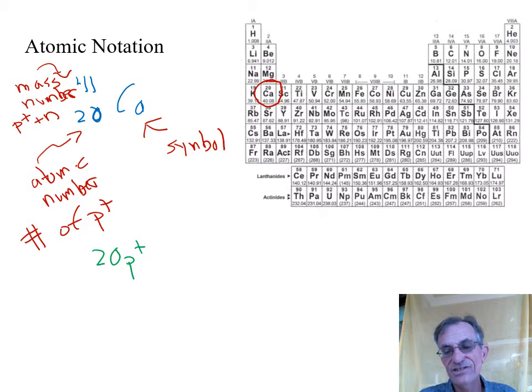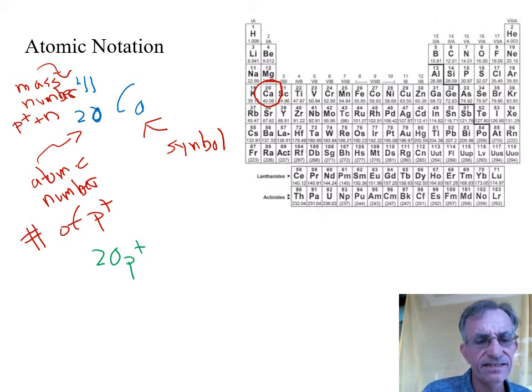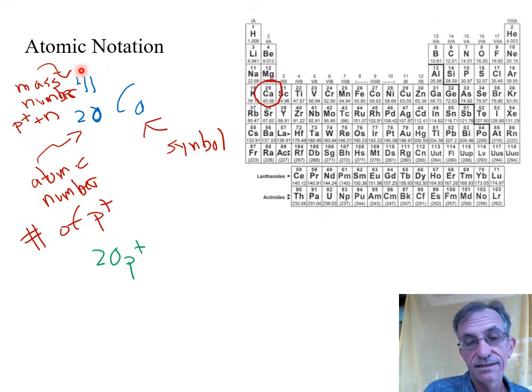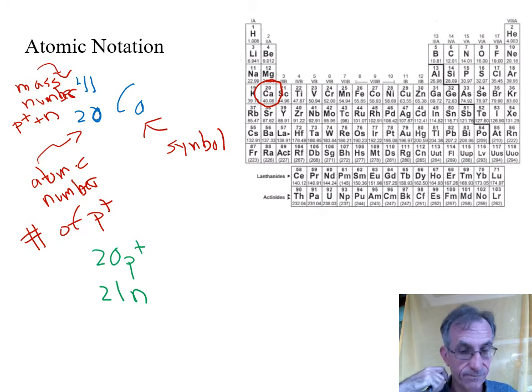And if I asked you how many neutrons, how would you find that? Well, if this is protons, and this is protons and neutrons together, if I want just the number of neutrons, I would subtract the protons off, whatever's left. If I subtract those two numbers, that's my neutrons. I'd have 21 neutrons, okay?